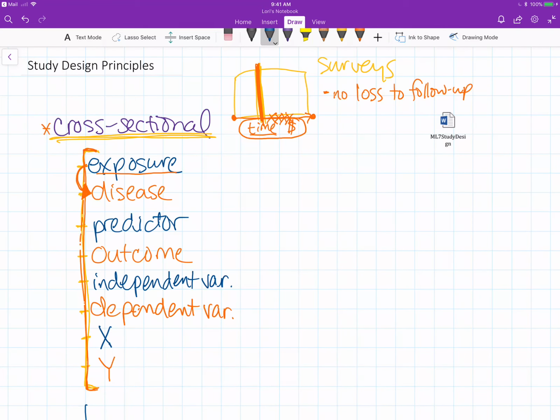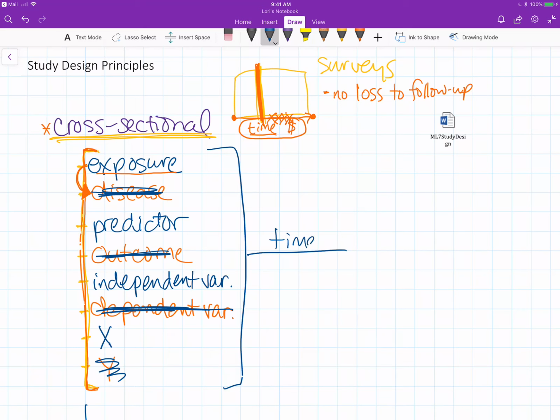The other kinds of studies, so not cross-sectional, they don't measure disease at the same time as they measure exposure. They don't measure the outcome, that dependent variable, or the y. They collect the information on exposure. They wait a certain amount of time, and then they collect the disease, the outcome, the dependent, the y.